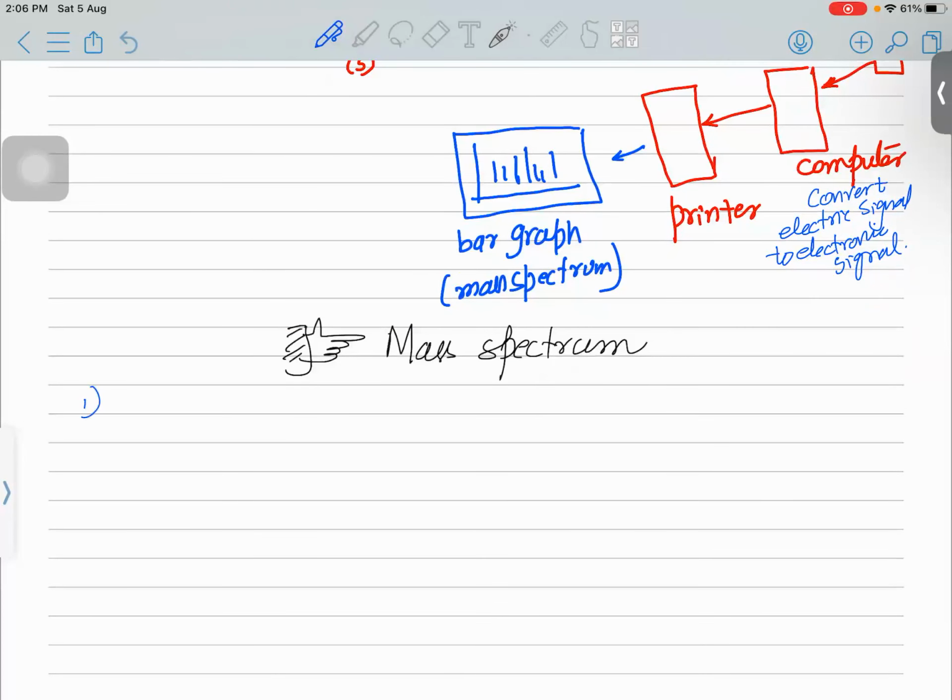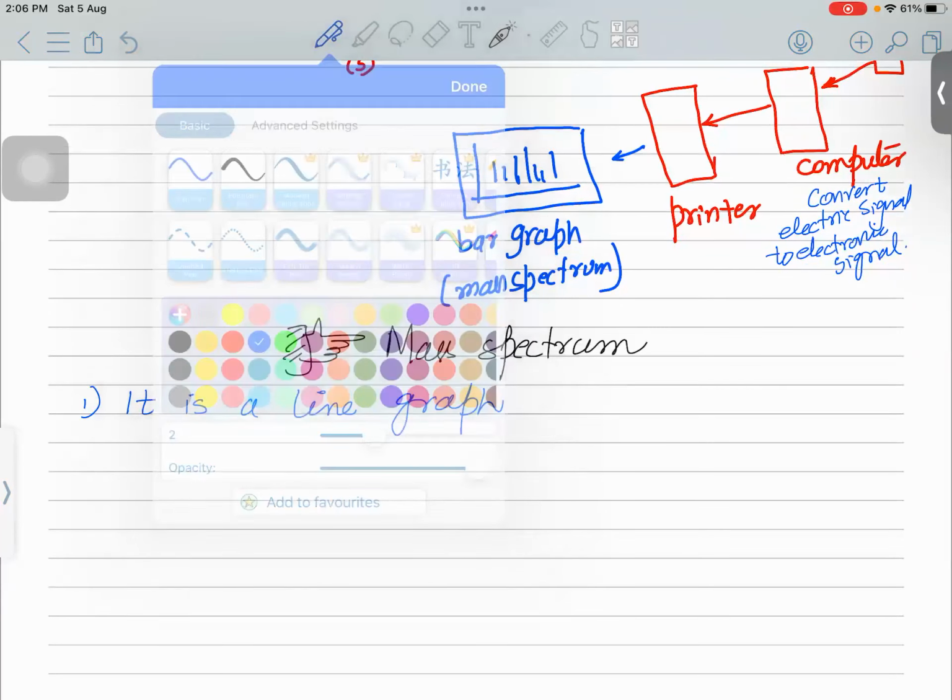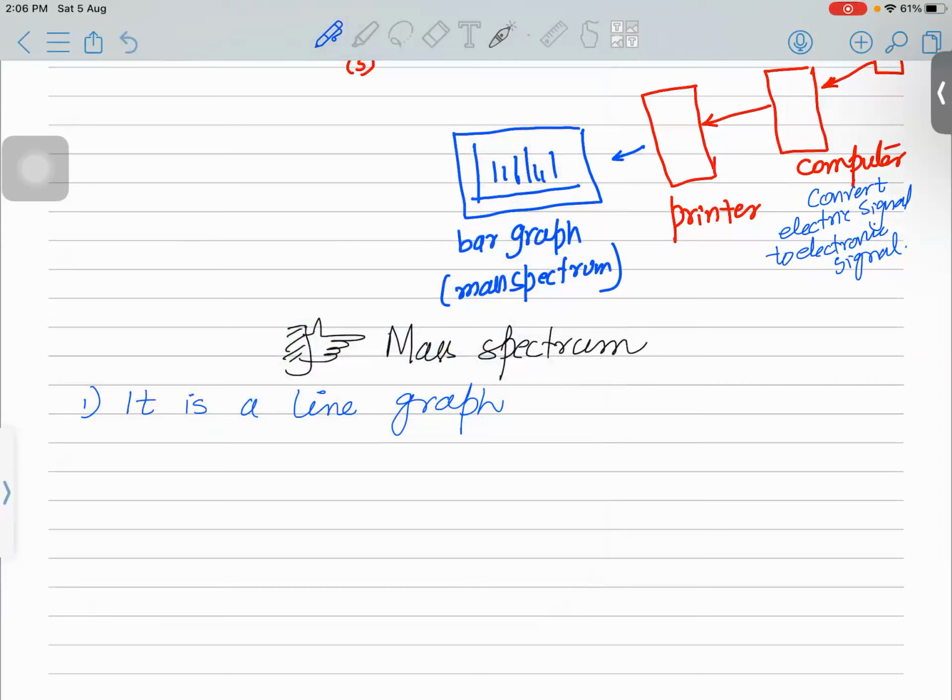Mass spectrum is a line graph. Number 2, on the y-axis, percentage abundance or abundance is taken.